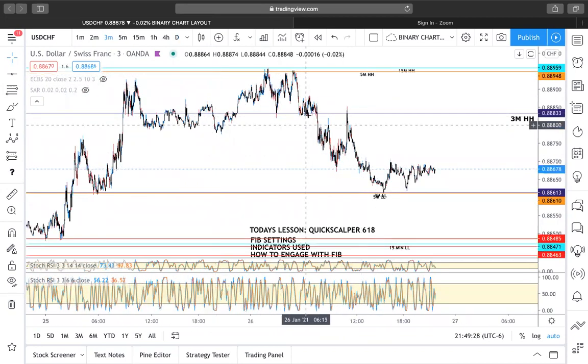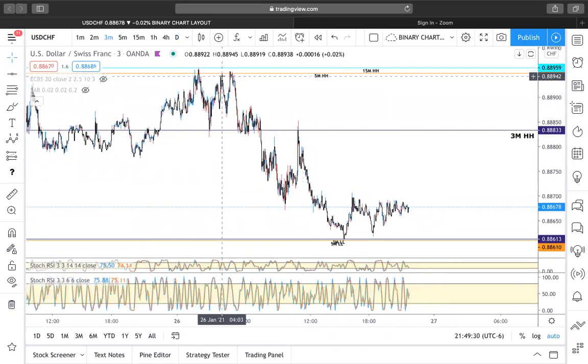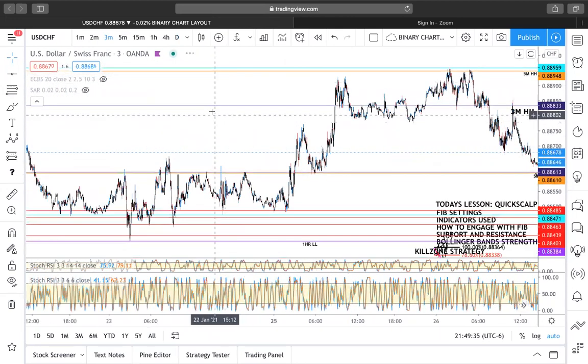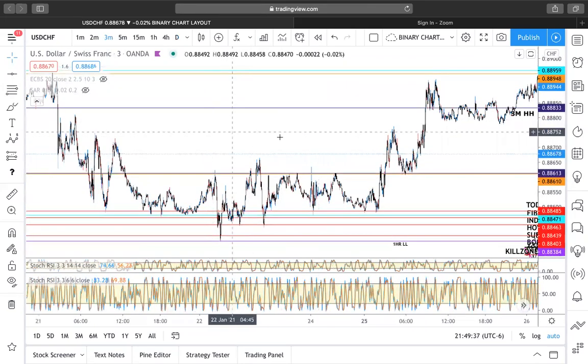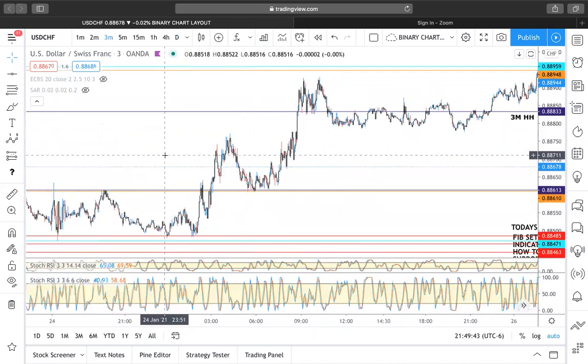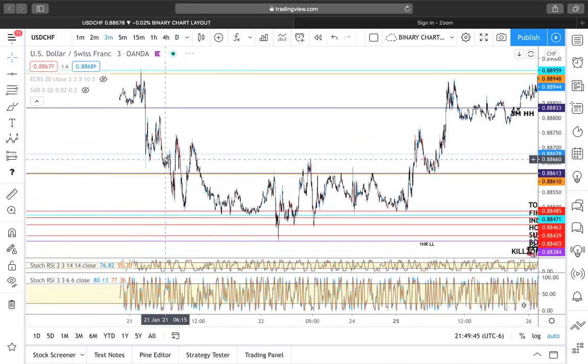Because look, right? Let's see what happens. Let's look at market and how it consecutively hits these lines here, the 3 and 5, right? Look at these zones we just created.